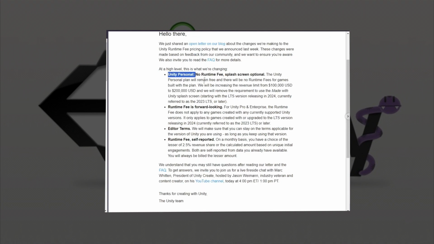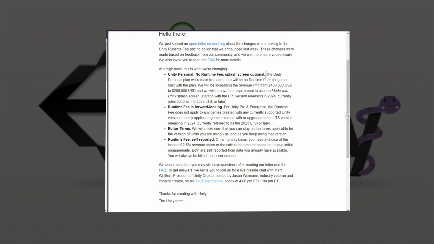Unity Personal: no runtime fee, and splash screen is optional. This is amazing. So this is amazing for people like us that use Unity Personal, and also we're getting Unity splash screen will be optional, which is also good, I think.